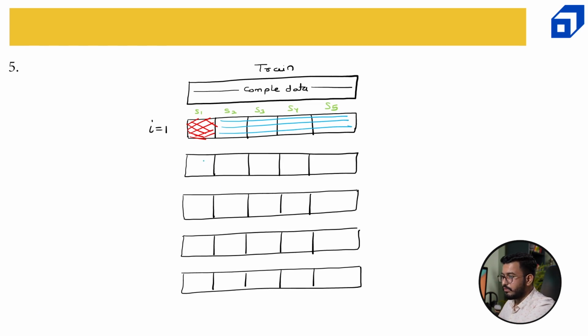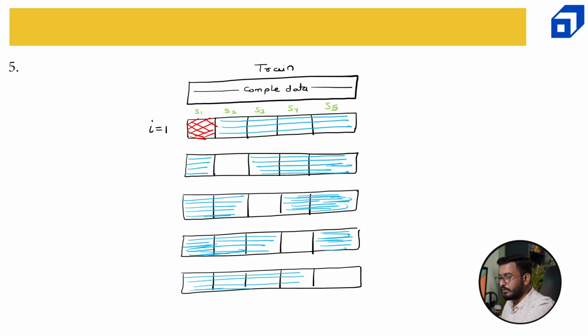In iteration number 2, I'll use sample 2 as test. Then in iteration number 3, I'm going to use sample number 3 as test. Then in iteration number 4, I'm going to use sample number 4 as test. And then in iteration number 5, I'm going to use sample number 5 as test.